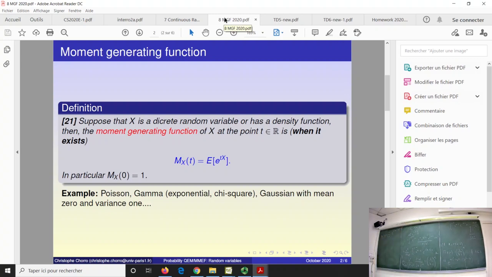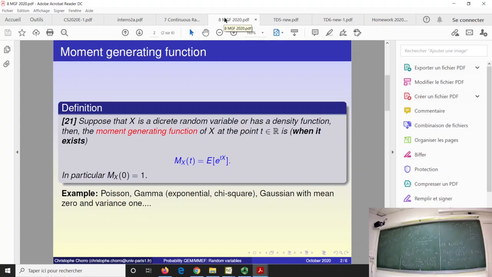If I take the value at 0, what do I obtain? This one, that is just, once again, the expectation of x.